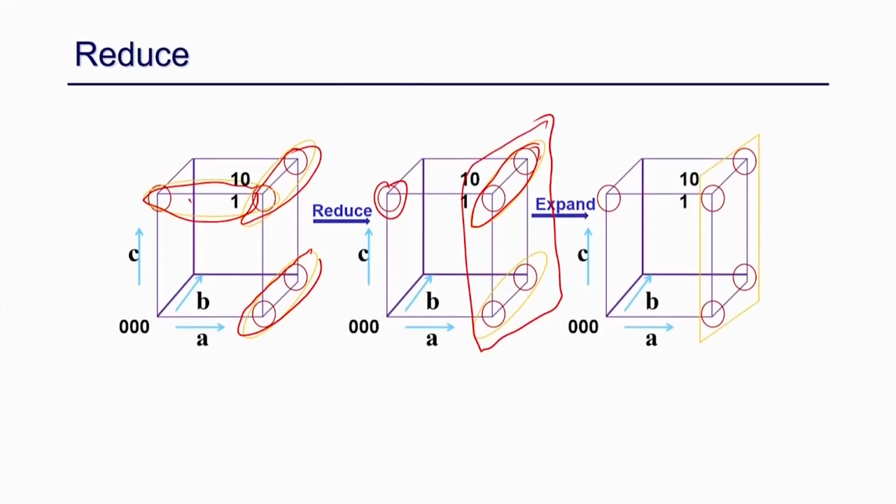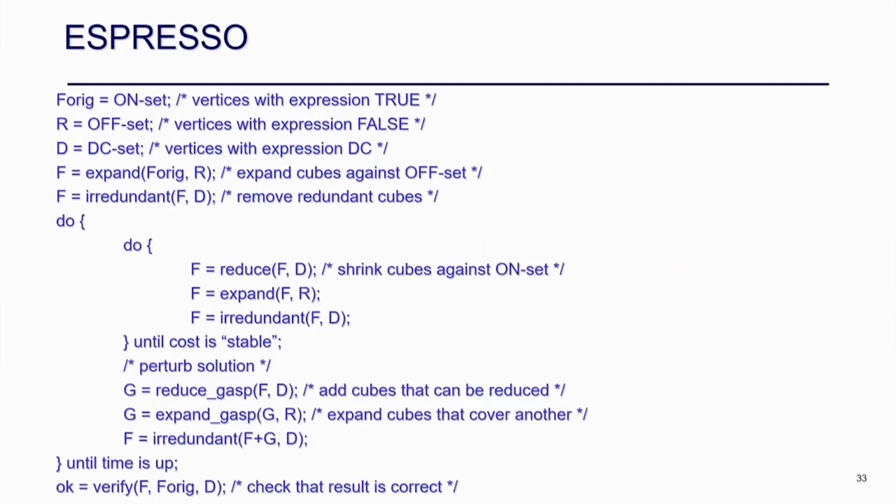So, what Espresso does is take advantage of these 3 particular operations iteratively, right. It starts from the onset, that is, whenever the minterms are 1, the function will be 1. Offset means they are always 0 when the function is 1, and do not care, as I mentioned, will never occur, but I can take advantage of this do not care set, right.